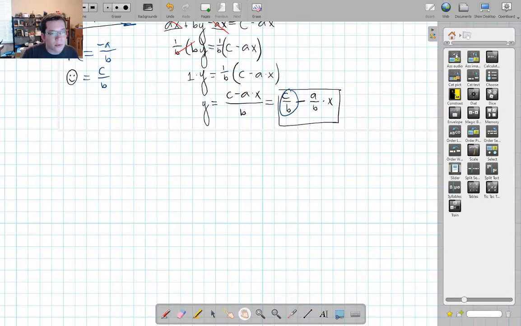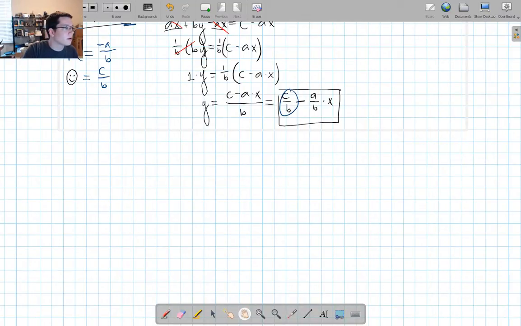I should have a ruler here somewhere. Maybe it's not there. Over here? Nope. It's right here. Start there. Let's draw ourselves an axis.